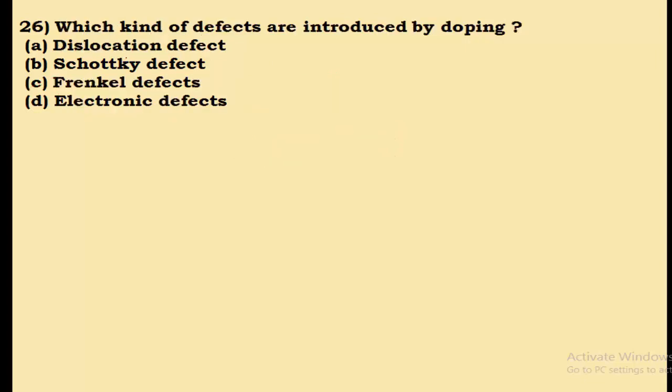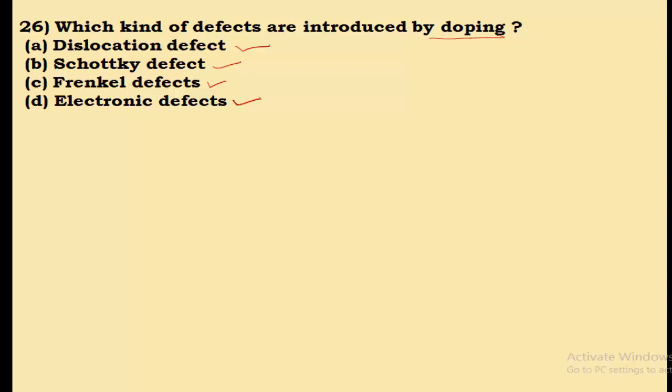The next one, 26th. Which kind of defects are introduced by doping? Doping means addition of impurities to semiconductors or any crystal. Now dislocation defect is nothing but Frenkel defect. Schottky defect is removal of cations and anions from the crystal. Dislocation means from the original site to an interstitial site, the ions or atoms will move. And Frenkel defect is also the same as the dislocation defect.